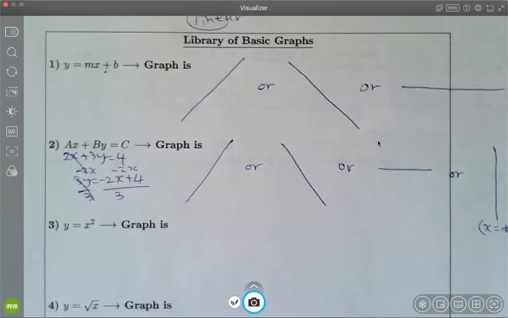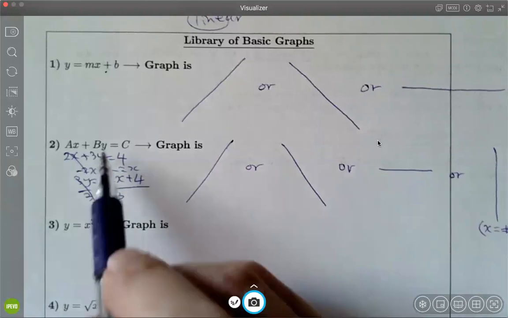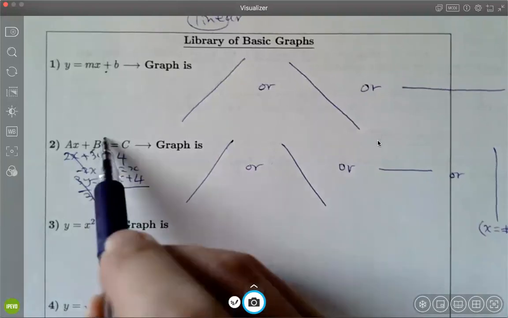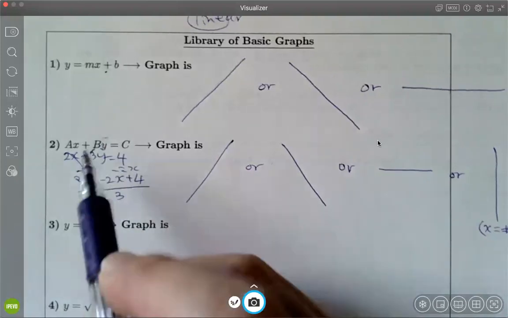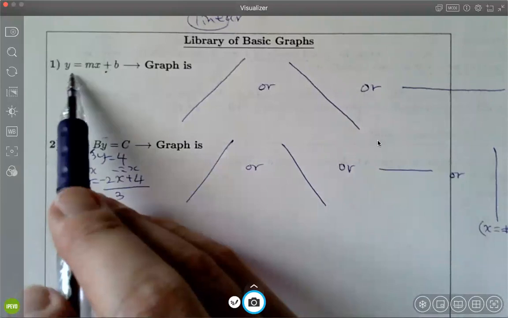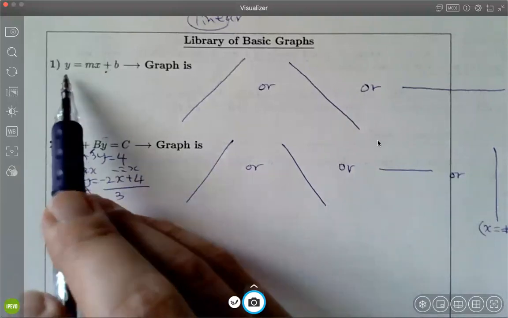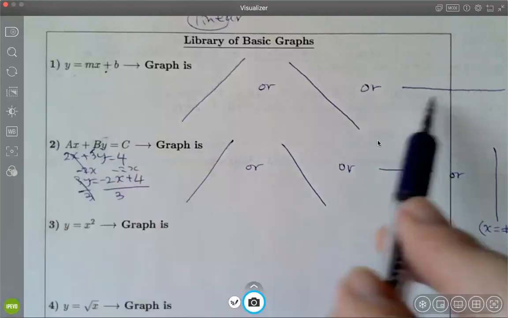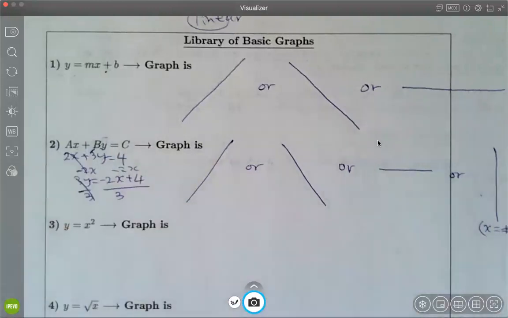So in other words, there is no y. So here, if you take b to be 0, then you have x equals whatever, so you have this vertical line. But what about here? Y has to be present, right? You cannot remove y. So that's why the vertical line is not part of this mx plus b.